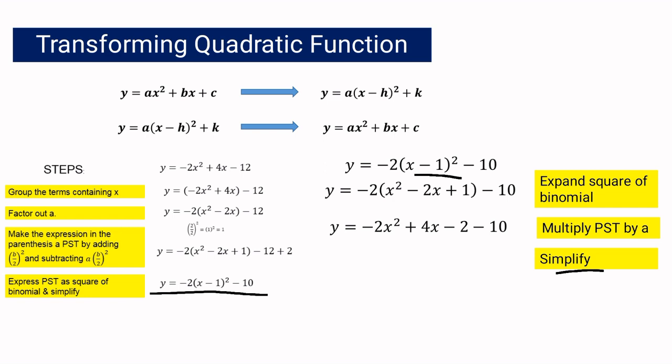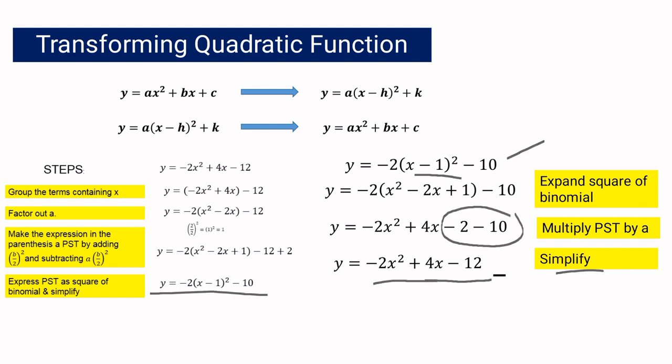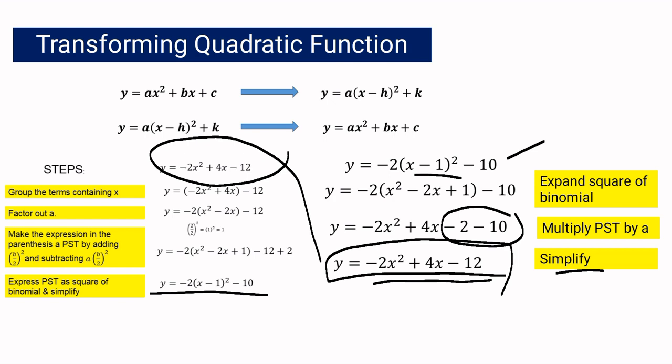Yes, you just need to simplify. You are going to simplify the two constants here. So you copy negative 2x squared plus 4x, and then negative 2 minus 10 obviously is negative 12. So from this form, it became this form. Are we correct? Yes, it is the same as this one. Y equals negative 2x squared plus 4x minus 12. Yes, that is correct. This one is definitely easier than this one.